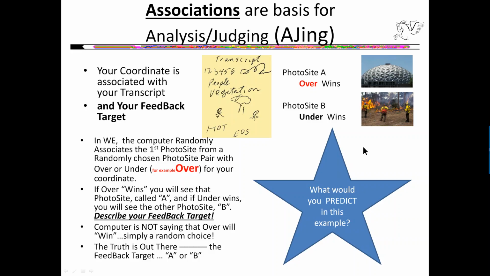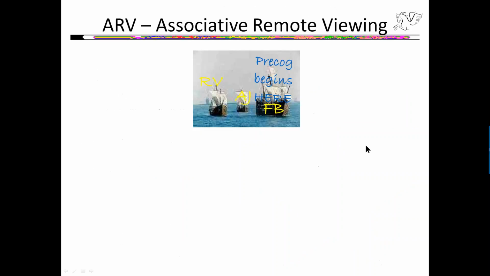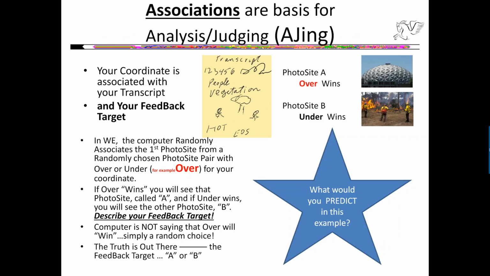Marty? Yep. Just a quick question. Just before you said basically one coordinate is given with two targets, and then you said two coordinates. Did I hear you say two coordinates are given with two targets each? Some people, one coordinate is given with two possible targets. Like the baseball game and two pictures.